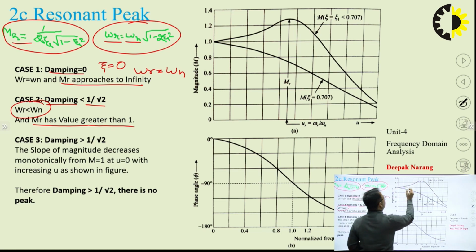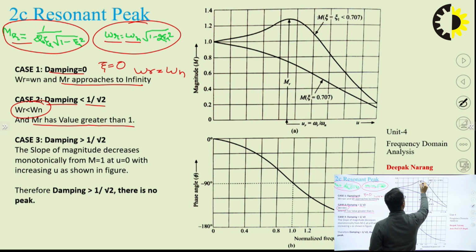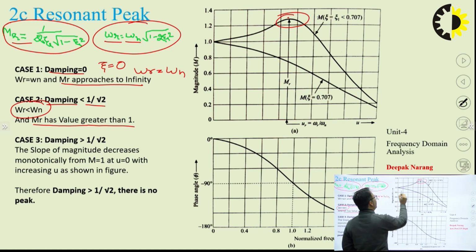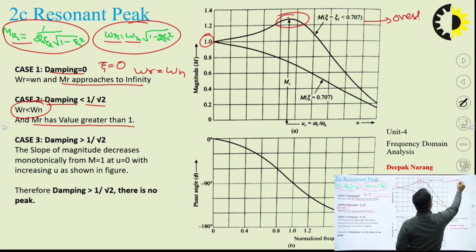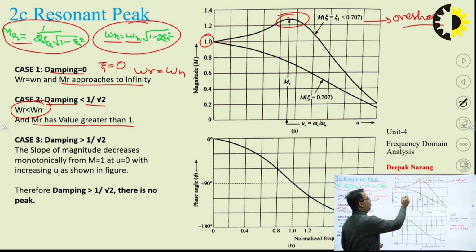Like in this graph we can see here, at this particular frequency the response is greater than 1. It means the system is having overshoot, because here damping is less than 1 by root 2.